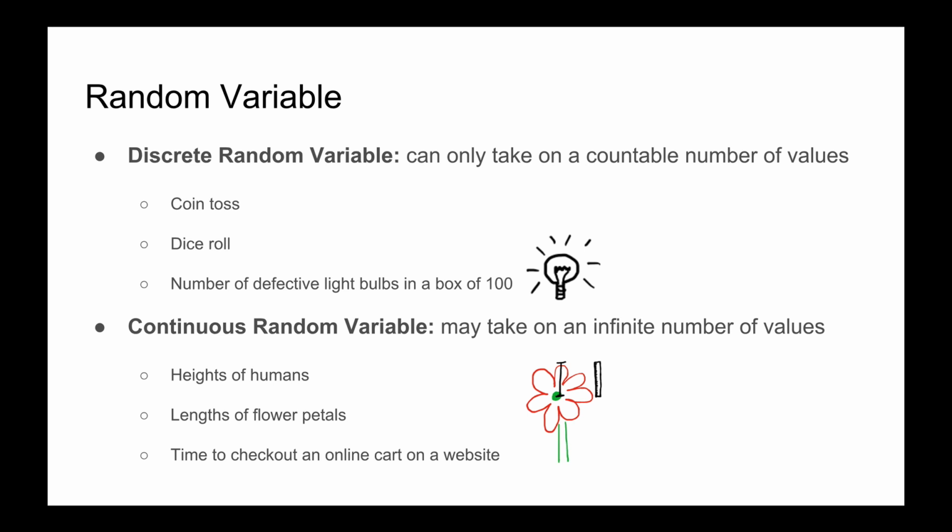Right? So think of things that are real numbers, for example. Usually continuous random variables describe properties that are real numbers. So heights of humans, for example, are real numbers. Whether you measure it in feet and inches or centimeters, they can take on an infinite number of values within a particular range, or they don't even have to be bounded. They can just go from negative infinity to positive infinity.